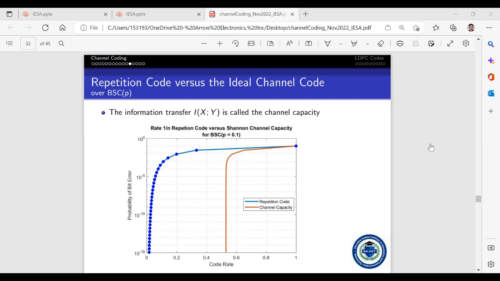A very, very simple code is this repetition code. It transmits either 3 zeros or 3 ones, nothing else. Or if it is repeat-by-11 coding, you transmit 11 zeros or 11 ones, nothing else. What Shannon said is that if you transmit bits more intelligently than just repeating them, then you can get pretty close to the orange line that was shown.